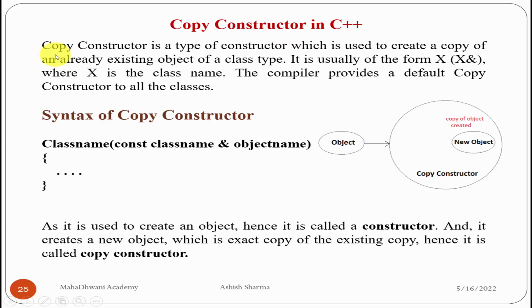We will read the definition here. A copy constructor is a type of constructor which is used to create a copy of an already existing object of a class type. It is usually of the form X(X&). The first X is the constructor, same as the class name.